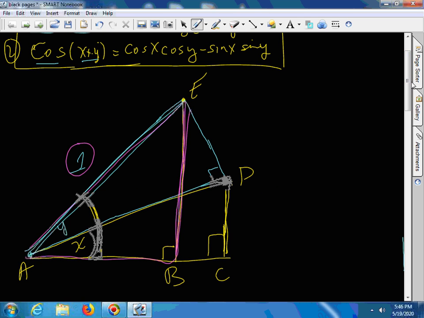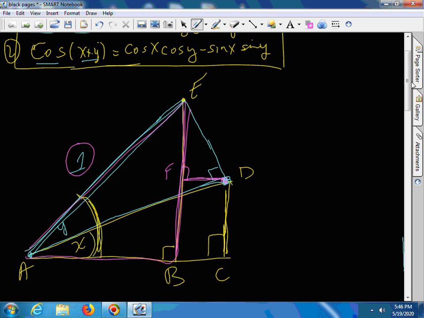And that's where you have to say, you know what? Let us draw from point B a line parallel to BC. Right there. So this is a right angle, and ABC, this is point F.